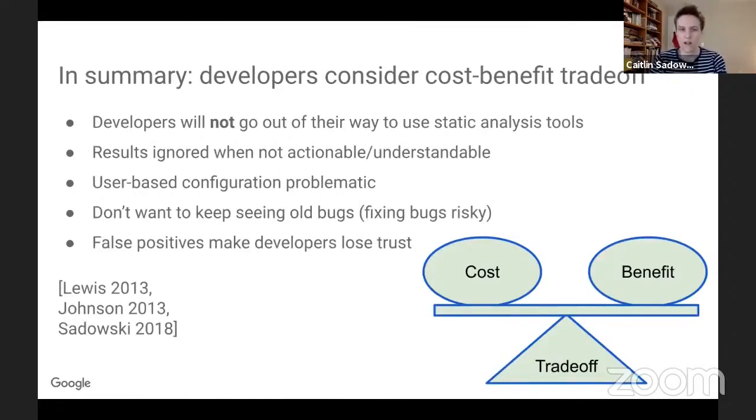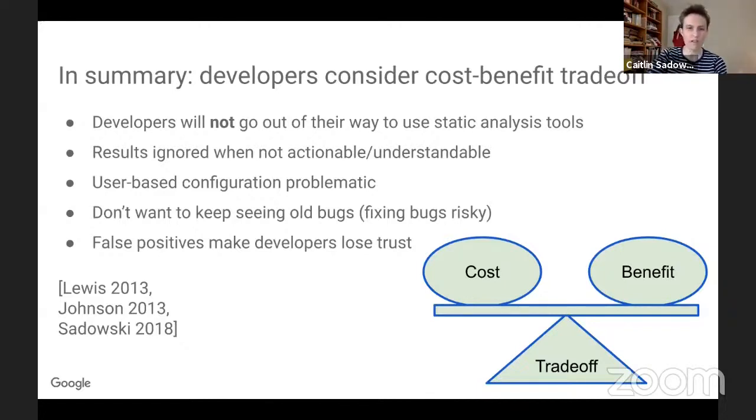All right, so to summarize, developers consider the cost-benefit trade-off when thinking about static analysis results. It is challenging to get developers to go out of their way to use a separate static analysis tool. And also results may be ignored when they're not actionable or understandable. I mentioned briefly that user-based configuration is problematic because you don't get a consistent view.